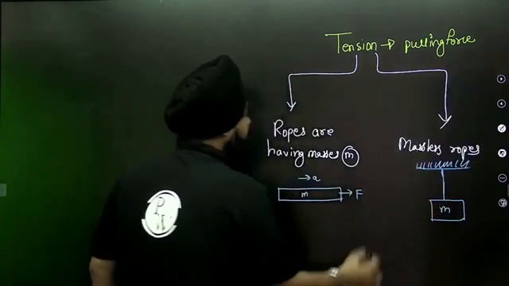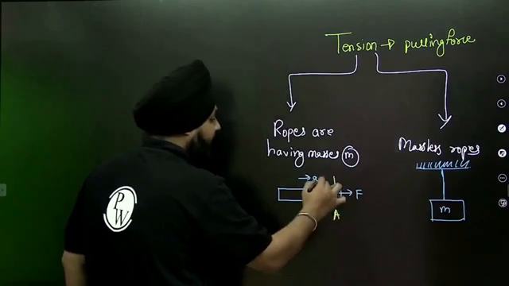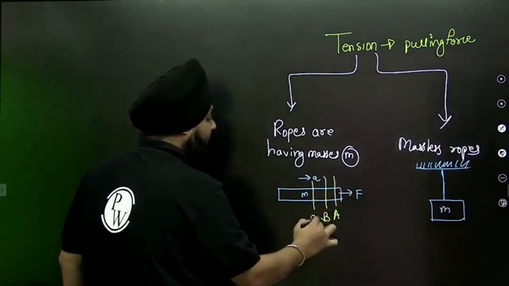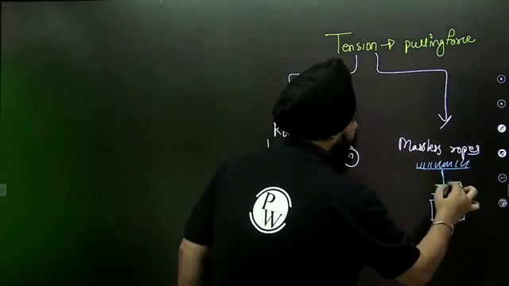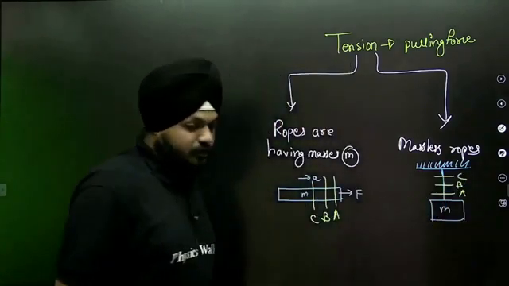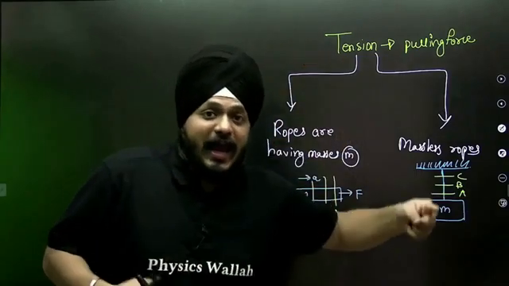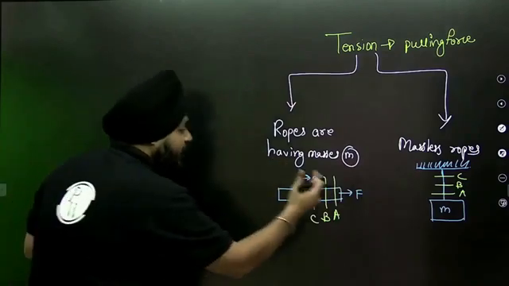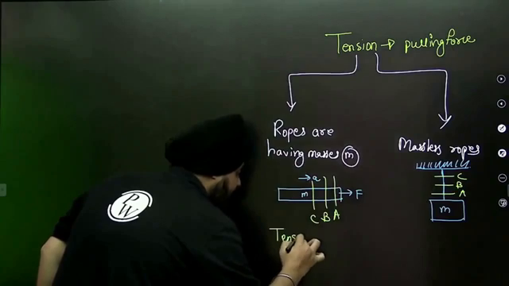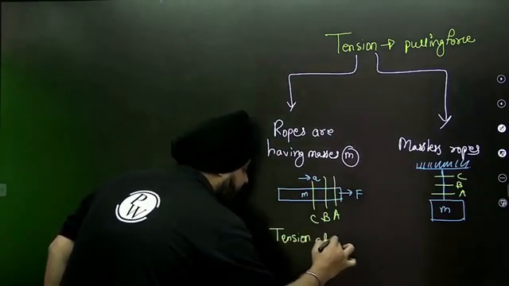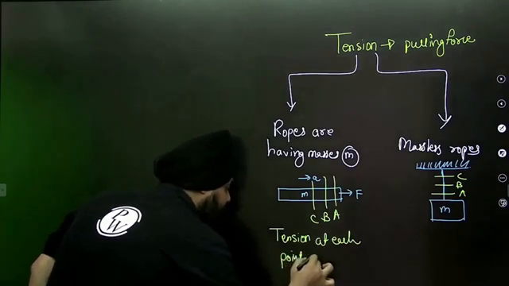Suppose I'm talking about 3 points, point A, point B, point C. Similarly here, 3 points, point A, point B, point C. If the ropes have mass m, then tension at each point of the rope is not equal. Tension at each point of the rope is different.